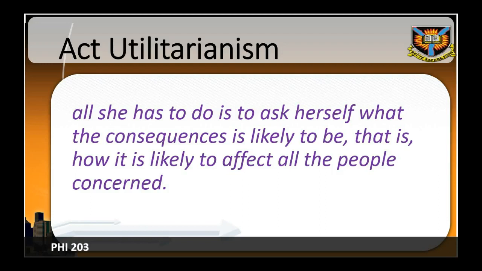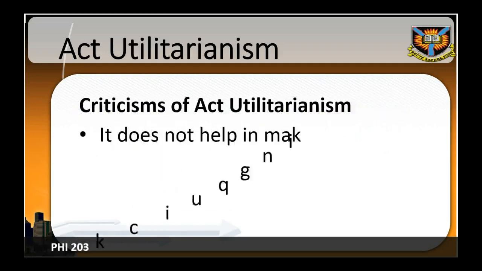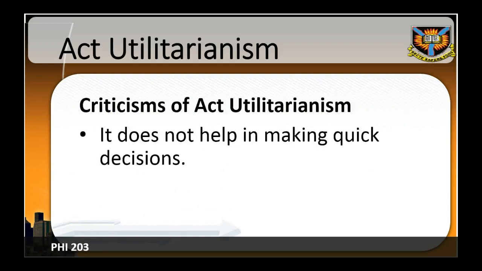Criticism of act utilitarianism. One important thing about act utilitarianism is that it acknowledges that every act is unique and distinctive, and so it gives room for flexibility according to the demands of the issue at hand. Yet, act utilitarianism is beset by a number of problems.